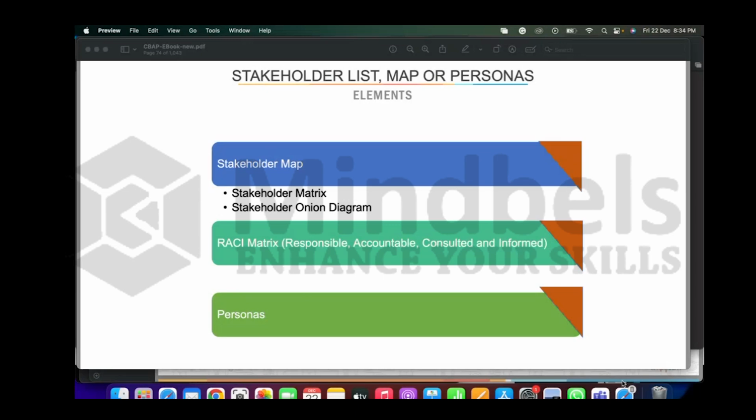Nizam is responsible for 10 activities, accountable for 6 of those 10, and responsible, accountable, and consulted for 8 different activities, and informed. It is basically breaking it down to show who is responsible and who is accountable.